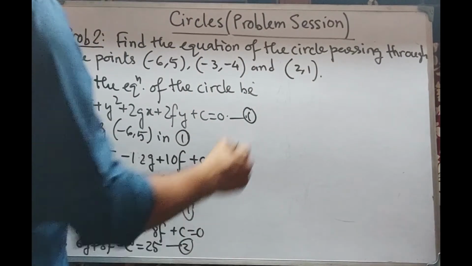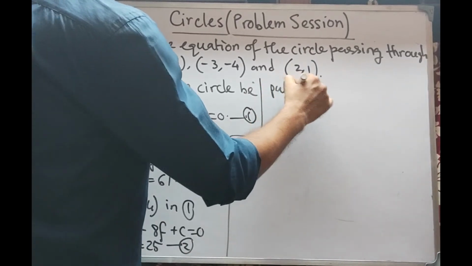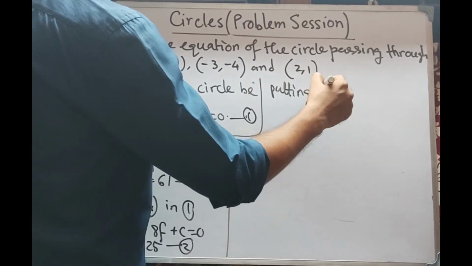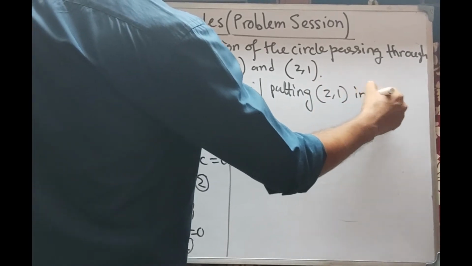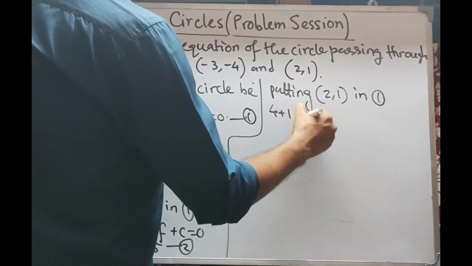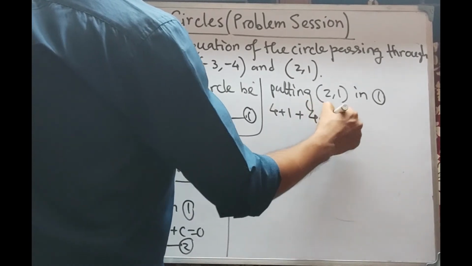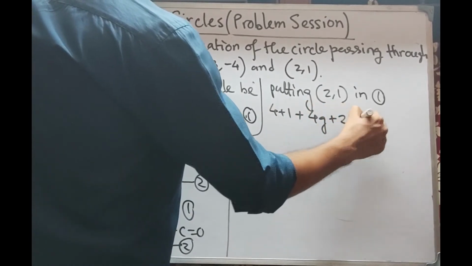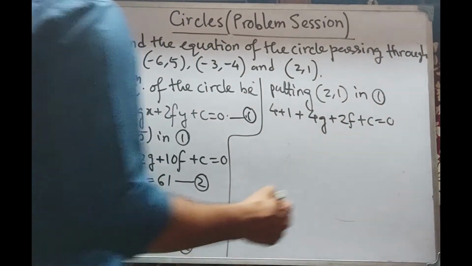So putting 2, 1, we are getting 4 plus 1 plus 4g plus 2f plus c is equals to 0.